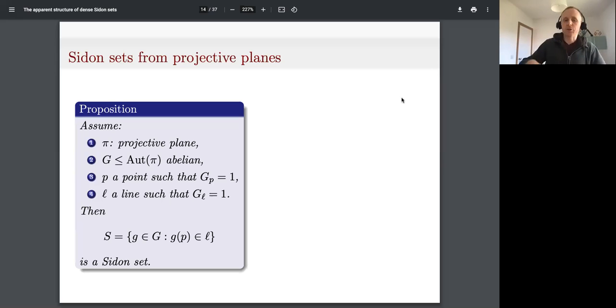And similarly, the group acts regularly on the line. And you should think of the point orbit and the line orbit as both being very large. So almost all the points are in a single regular G orbit. And similarly for the lines. And then the Sidon set is just this point-line stabilizer. It's all elements of the group which keep the point on the line.